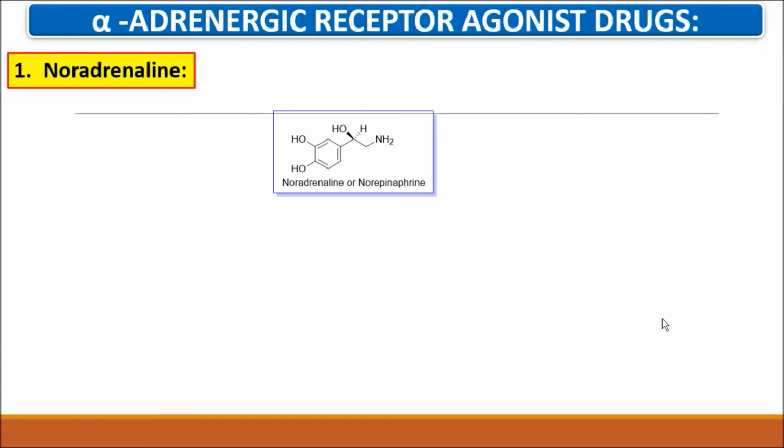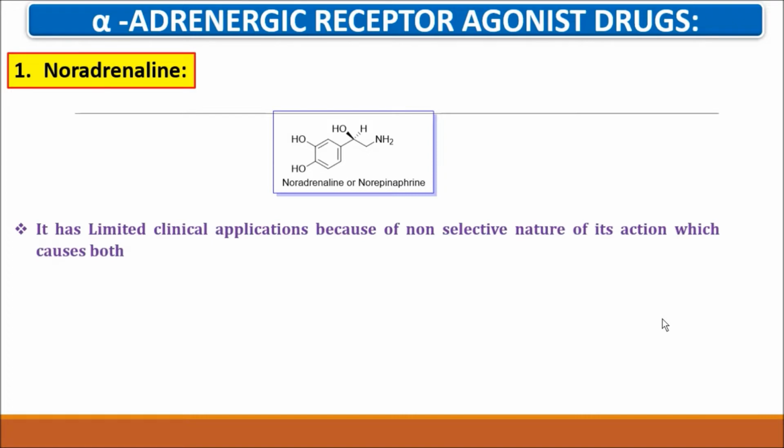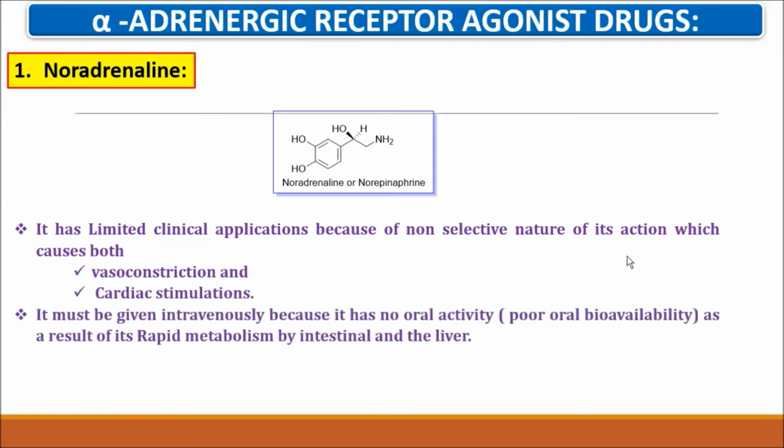So friends, what is the use of noradrenaline? Noradrenaline has limited applications because it can interact with alpha receptor as well as beta receptor. This is going to cause some side effects like vasoconstriction and cardiac stimulation. We give this drug in the form of injection.